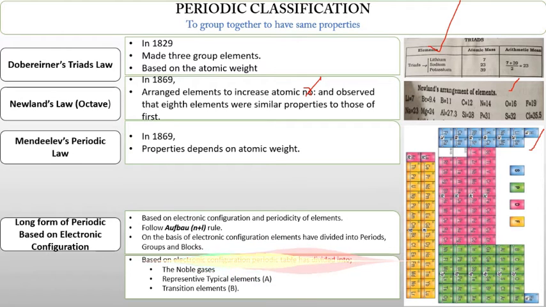He identified elements which were not discovered at that time, but he predicted their positions, so that when the elements were discovered they were placed in the same positions told by Mendeleev. These were eka-boron, eka-silicon, eka-aluminum.